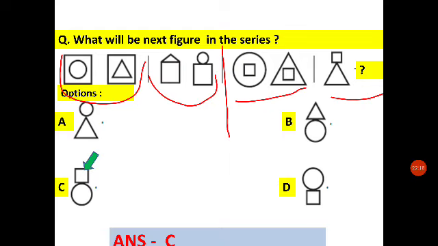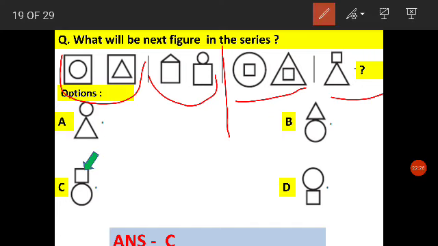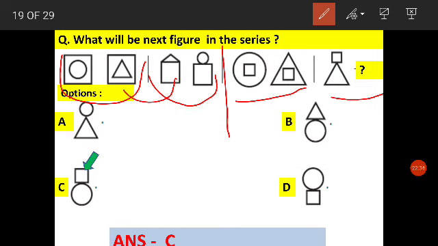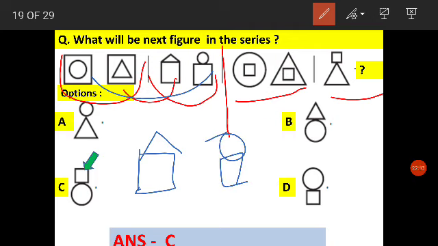You see these two figures here. Here the square is out and the triangle has gone on top. Then here again the square is out and the circle is on top.